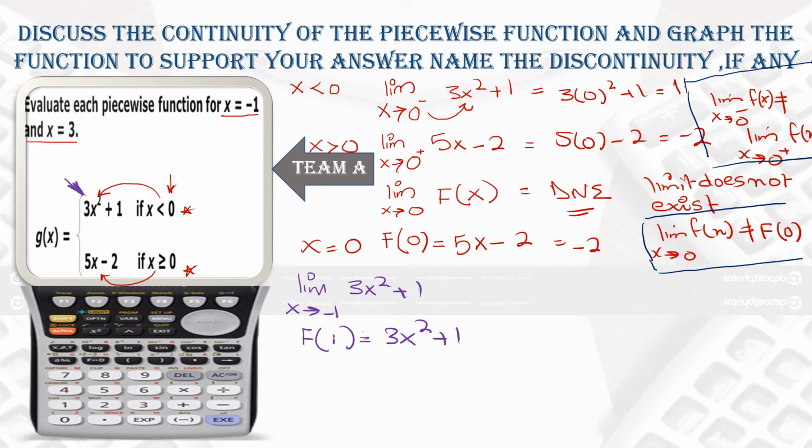And then in the end, you will conclude whether the limit as x approaches -1 is equal or not equal to f of -1. Now what is meant by this? It means apply the limit at -1, means substitute -1 in place of x, and you will get 3 plus 1, which is 4.